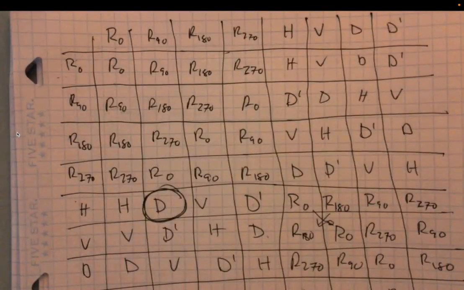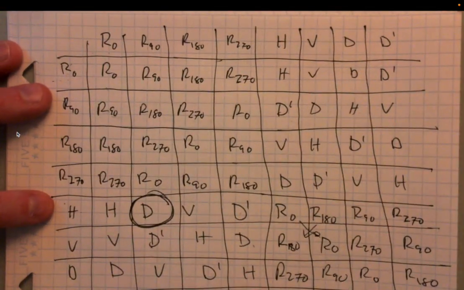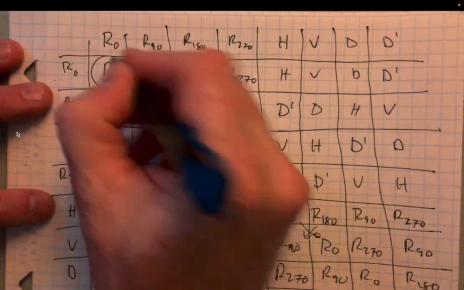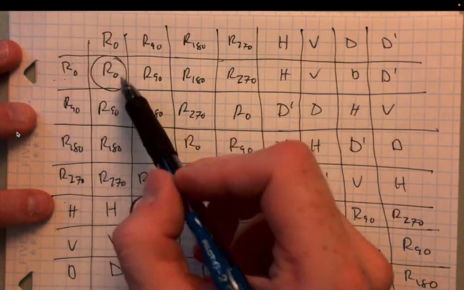The next important thing to note is perhaps less obvious, though it's actually fairly easy to see on the table. For each element, there is another element which, when applied, returns the identity element. Every row has the identity element in it. R0 with an R0 gives you an R0.